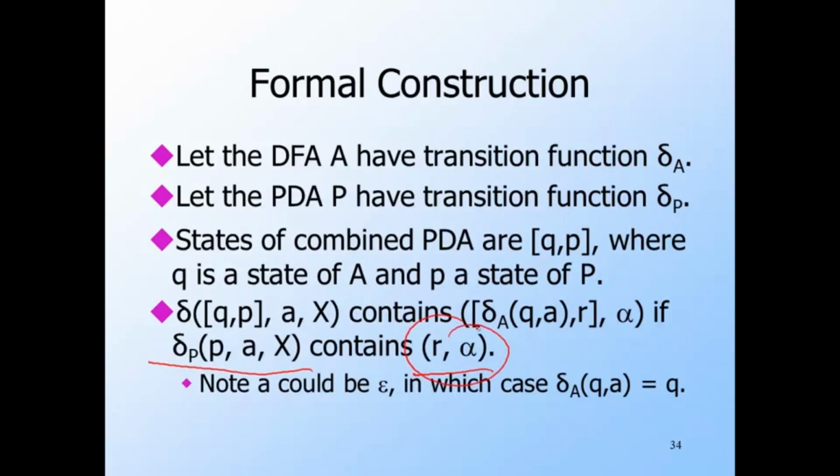That's the move. Then the new PDA, whose transition function we call simply delta, given a state with P as the second component, input A, and stack symbol X, that's this, has a choice of move where the new state has second component R. The first component is what you get by having the DFA make a transition from state Q with input A. That's delta A of Q and A. Note that A could be epsilon here, in which case delta A of Q and A is just Q, or it could be a real symbol in which delta A of Q and A is something else.